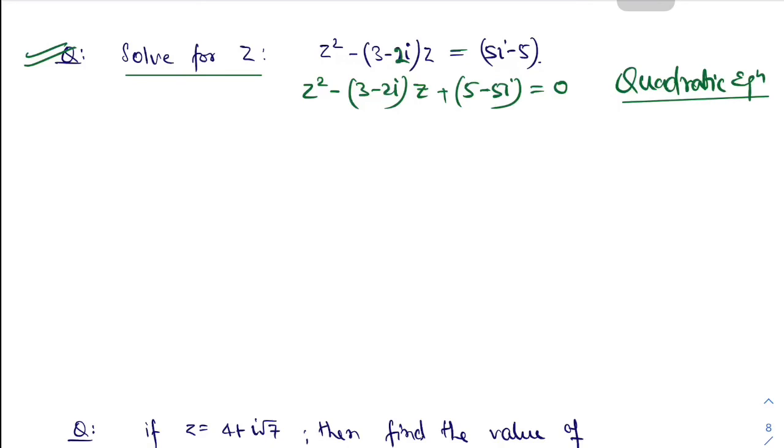The only different thing is the coefficients of this quadratic equation are not real. The coefficients of this quadratic equation are basically complex numbers. Here a, that is coefficient of the quadratic term, it's 1. What is b? b is minus times 3 minus 2 iota, and the constant term is 5 minus 5 iota.